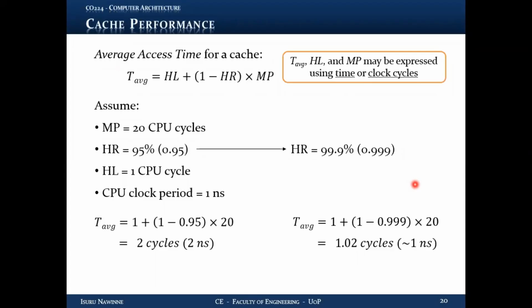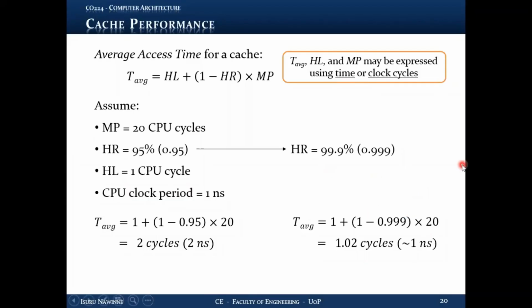So if you can somehow improve the hit rate, get a large amount of hits, you can improve this average access time really significantly. So from 2 cycles average closer to 1 cycle average is a really big improvement, right?